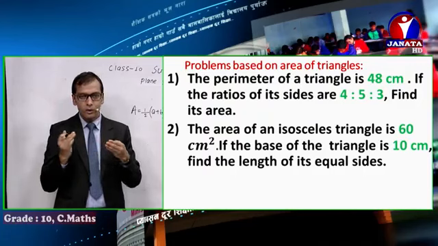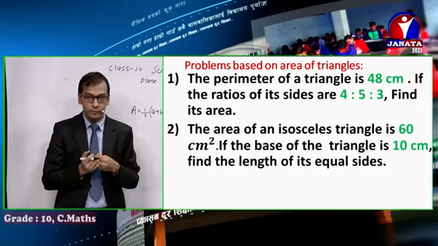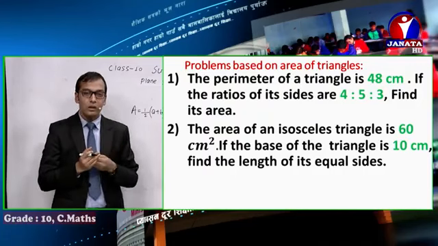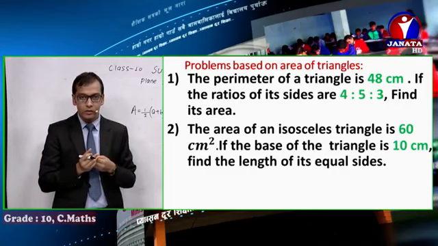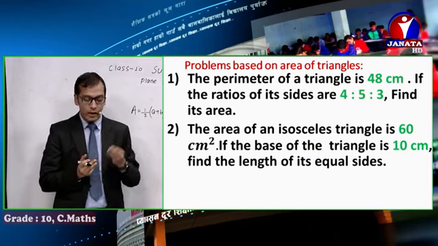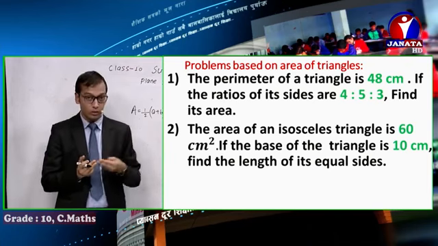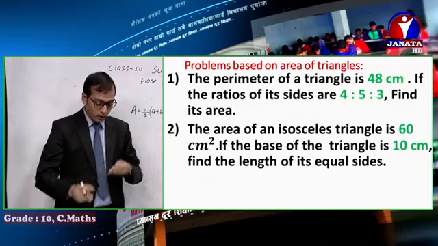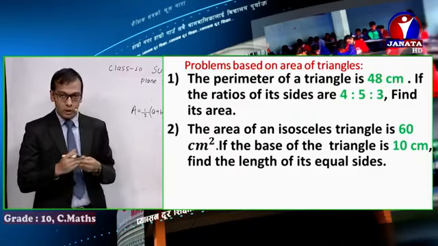We did some very short questions. Today, I am taking some questions here. First of all, questions based on triangles, where we are finding the area, or finding one of the unknowns in a triangle. So let me begin from the first question.